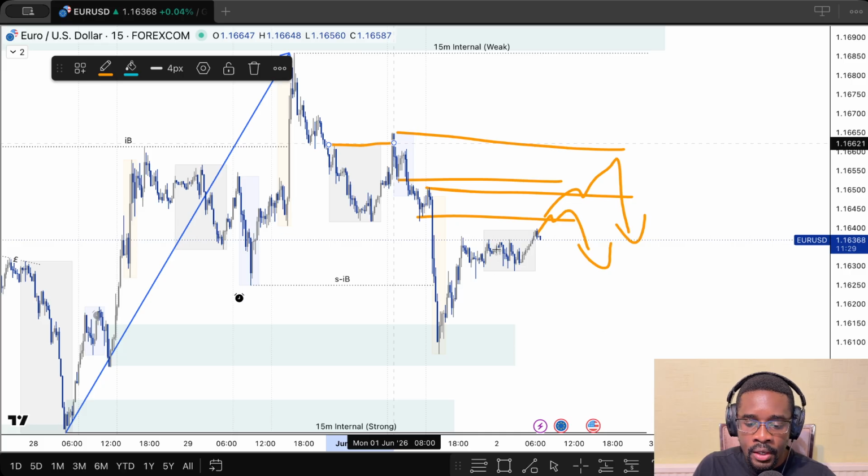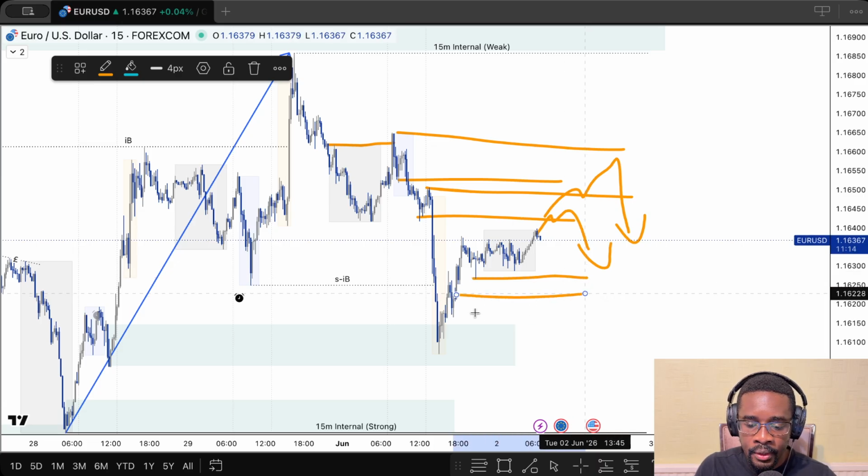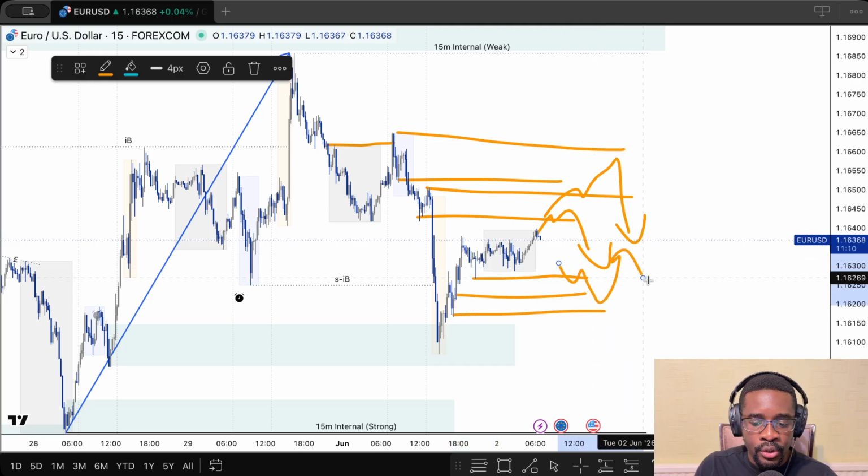Who knows? So right now, because I do not have any other clear structure, I could wait for maybe a sweep of this low. If I'm looking for continuations, maybe sweep of this low. Maybe price coming into this area, and then look for longs. So right now, price is not pretty clear.